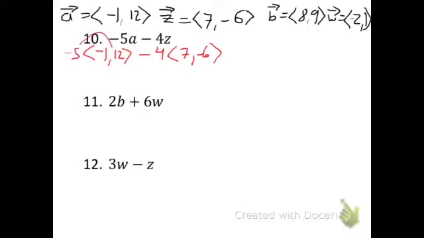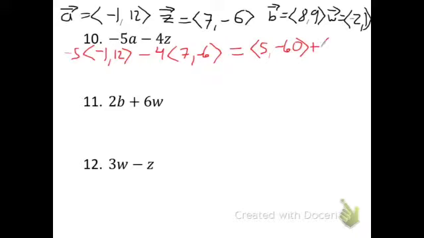Again, you can distribute this through to your vectors. And so negative 5 times negative 1 is going to give you positive 5. Negative 5 times 12 is negative 60. And let's distribute the negative 4, because we're kind of used to that.